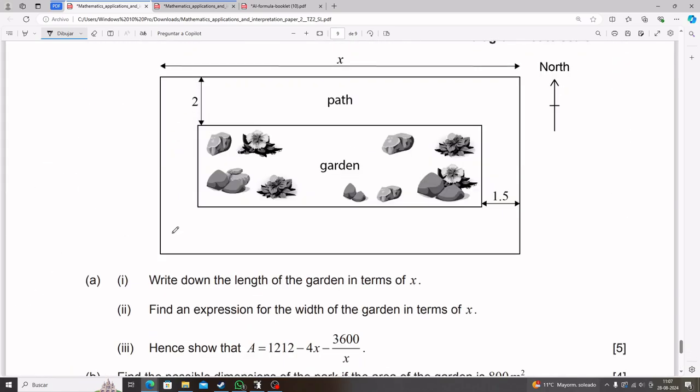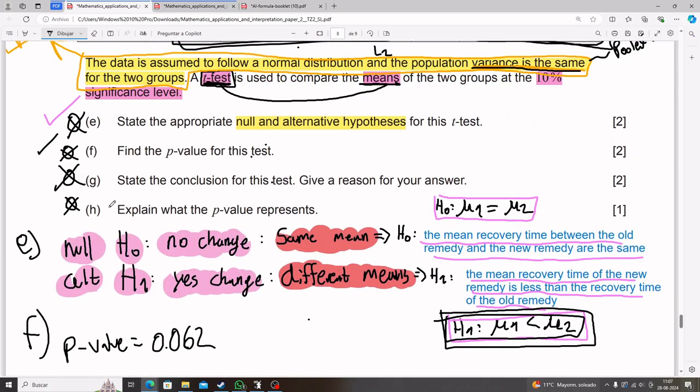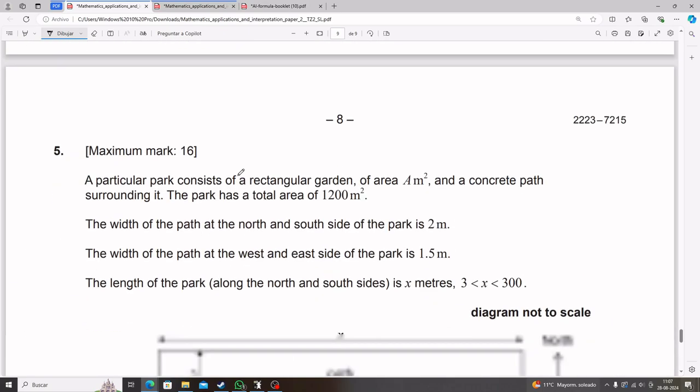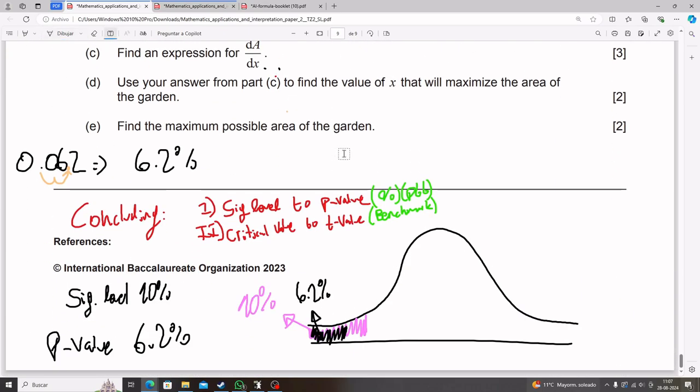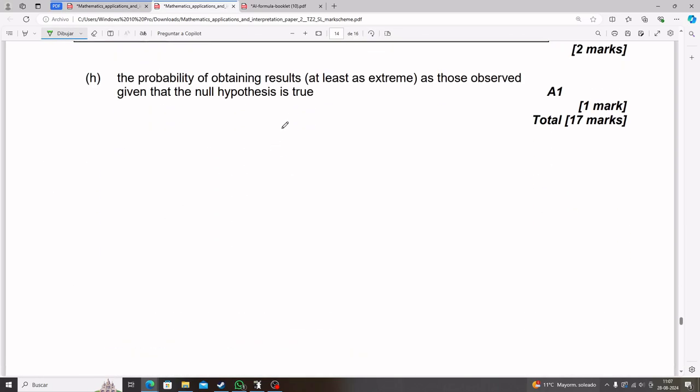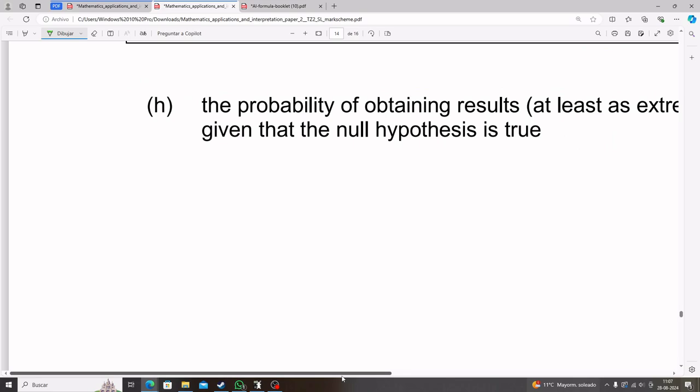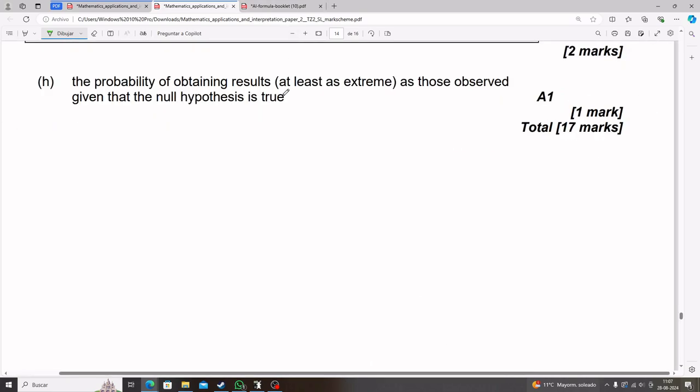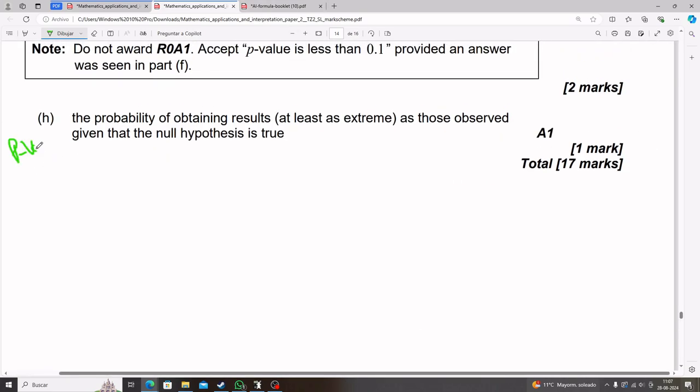So what does the p-value mean? This helps for part H, but really helps more for part G to understand how to conclude stuff. So what the p-value does is the following. Actually, the Marx team puts it in a really good way. So here they tell us that the p-value is basically the probability of obtaining the results as those observed, given that the null hypothesis is true.